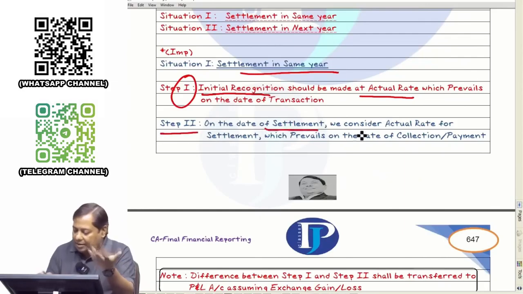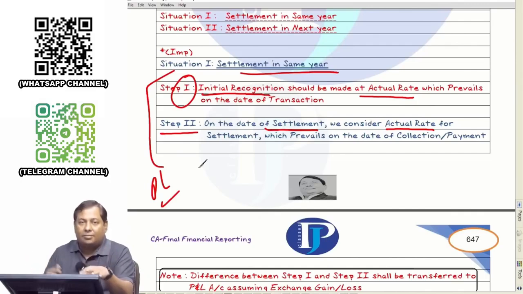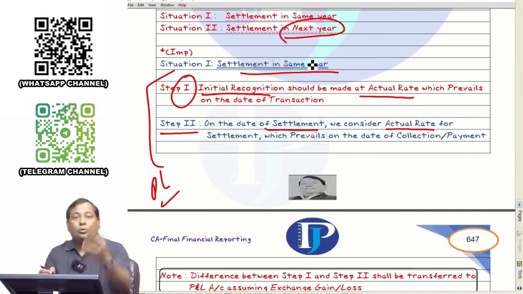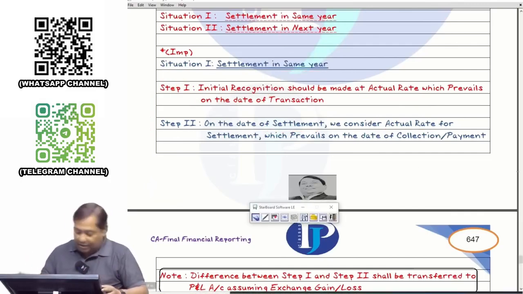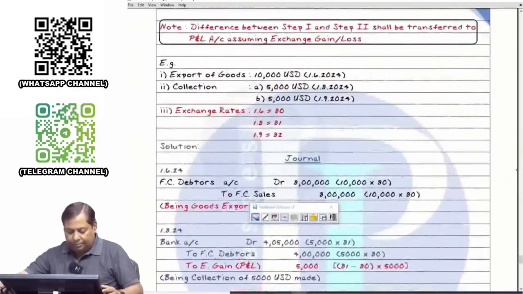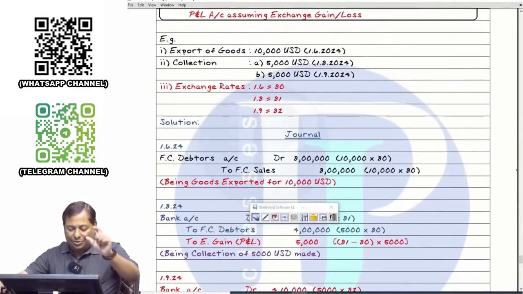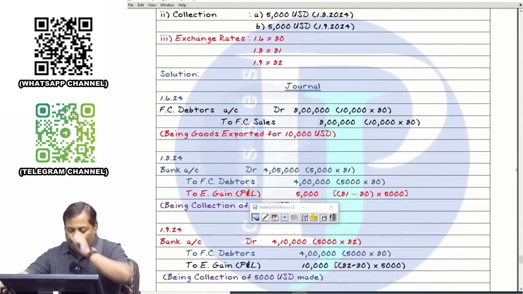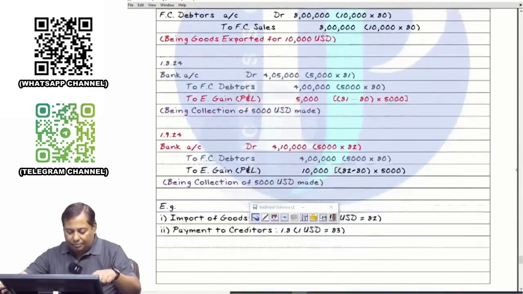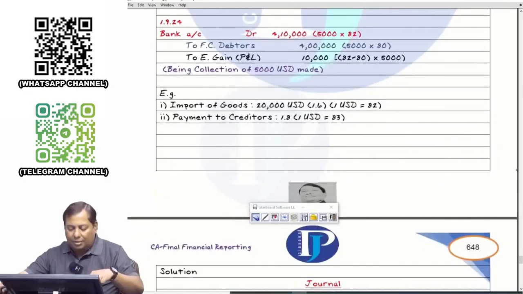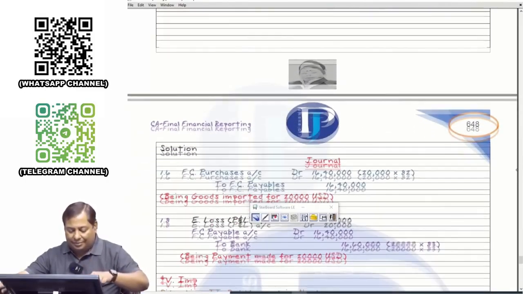Second step, settlement, do this also at actual rate and put the difference between these two in P&L. But if you go to the next year, there are 3 steps and the balance sheet will come in between. Here we have done some small conceptual examples. You have to read it by yourself from the notebook.